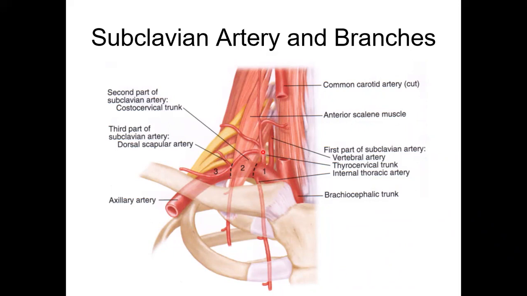She doesn't have them labeled in this picture, so we'll get to them later if she brings them up again. So the first part of your subclavian is the vitamin part: vertebral artery, internal thoracic, thyrocervical trunk. For the second portion, it's your costocervical trunk. So that's the C. And for the third portion of your subclavian artery, dorsal scapular artery, that's the D part of it. So vitamin C and D.